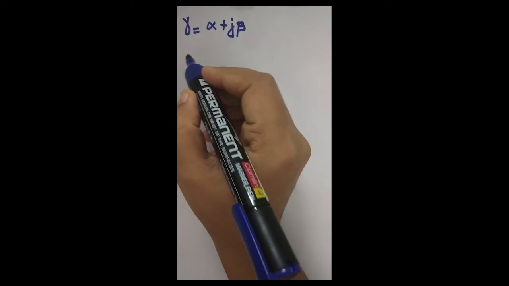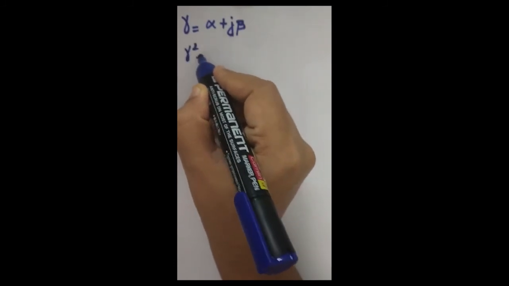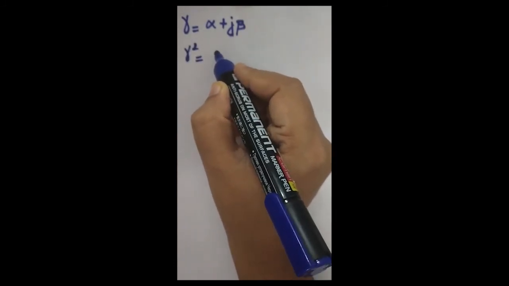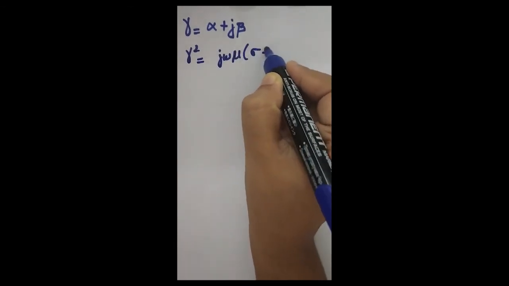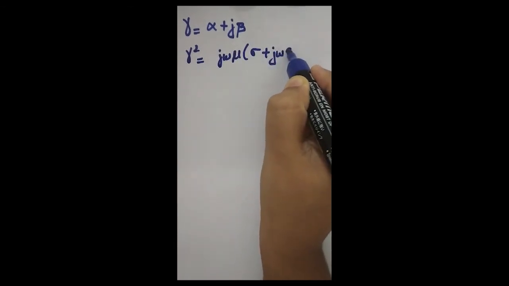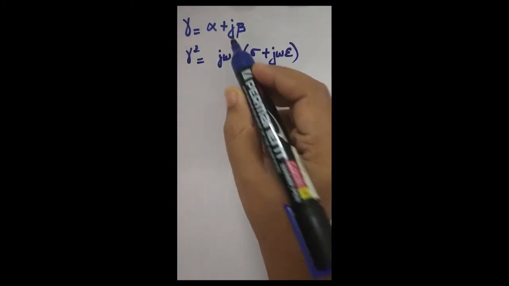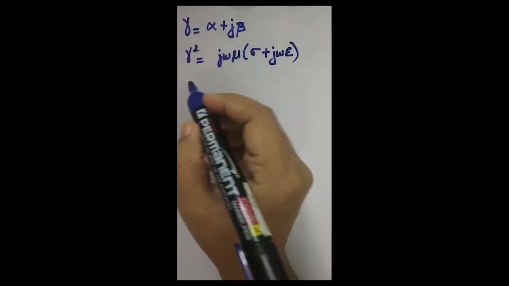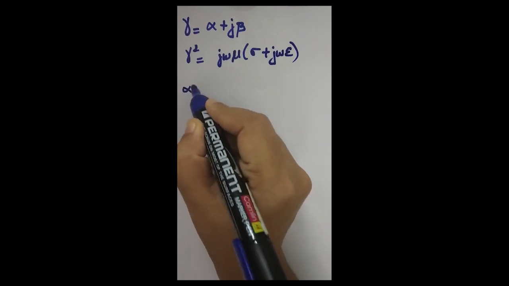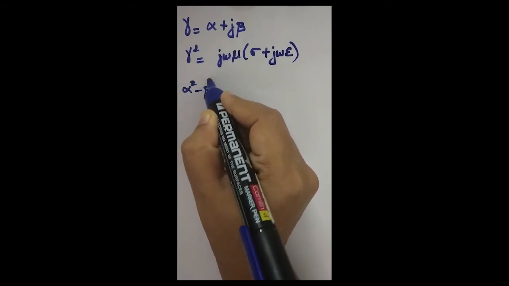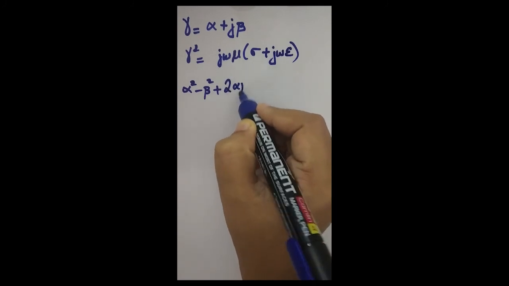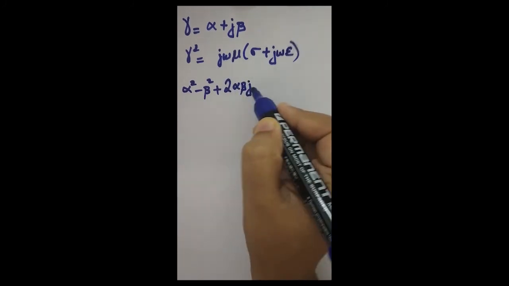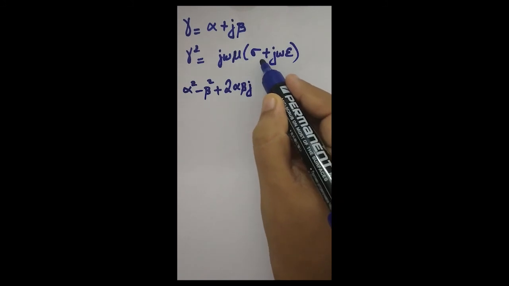Now you know that gamma square is equal to j omega mu into sigma plus j omega epsilon. Equating these two, on expanding gamma square you get alpha square minus beta square plus 2 alpha beta j. This is gamma square and this is equal to this.